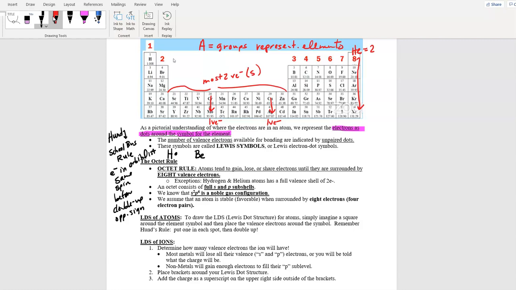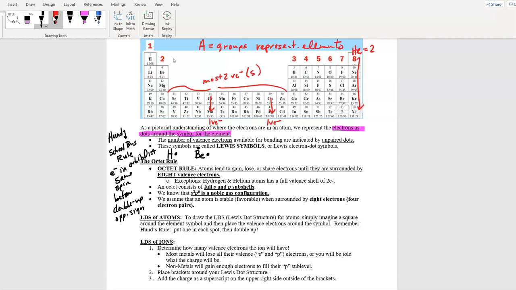If beryllium has two valence electrons, I can't double up on the dot. So what I'm going to do is put my second dot on top. Could you put it on the bottom? Yes. Could you put it on the other side? Yes. You just can't double it up. So when you're doing these symbols, it's like north, south, east, west, up, down, left, or right.